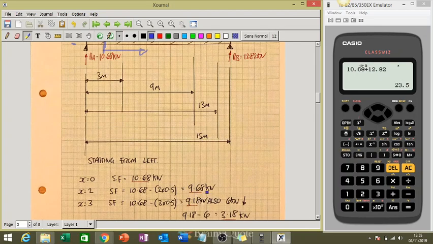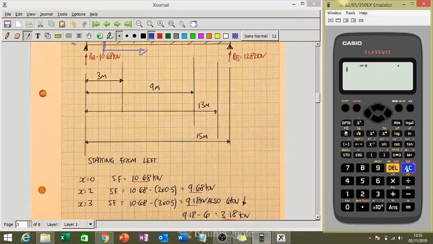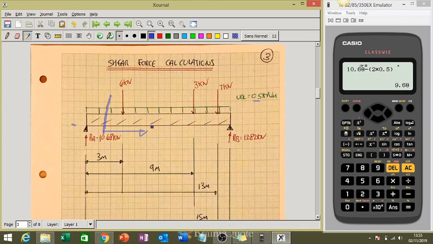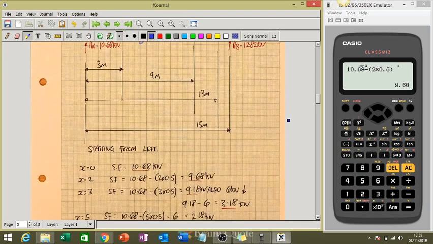Don't forget the kilonewton. So I've got 10.68 coming up, and I've got coming down 2 meters worth of my UDL, which is 0.5 kilonewton per meter. That gives me 9.68 kilonewtons. So the shear force at that point here is 9.68.